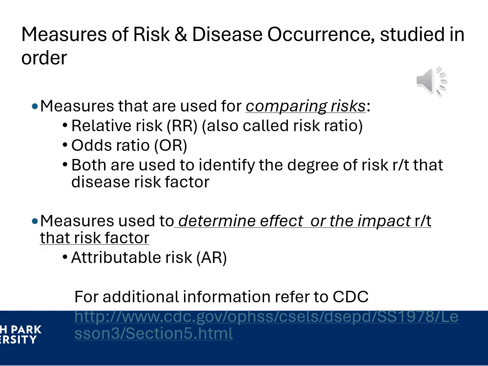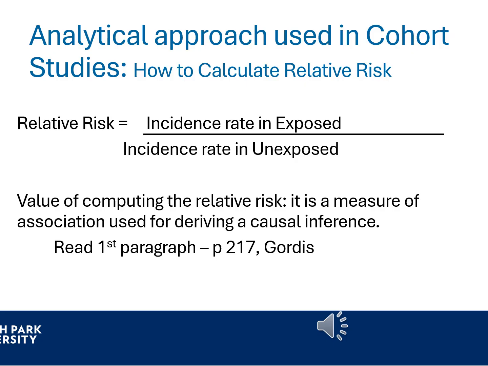This slide is talking about how to calculate relative risk, which is actually quite simple. You know how to calculate an incidence rate. It's the incidence rate in those who have been exposed to the risk factor you're studying divided by the incidence rate in those who did not have exposure to the risk factor.